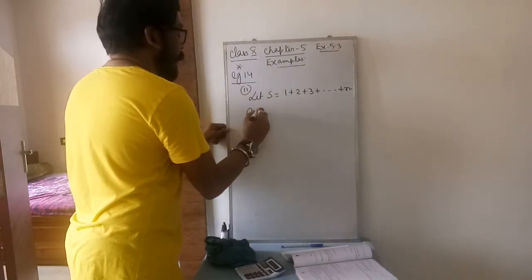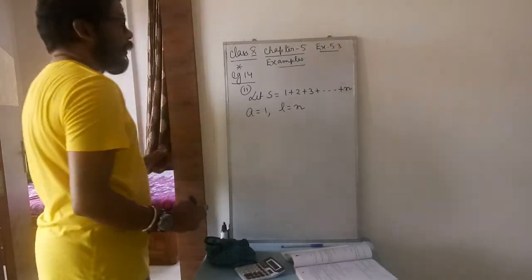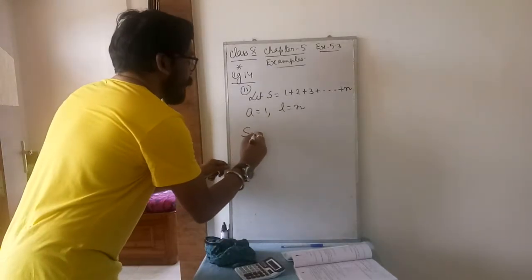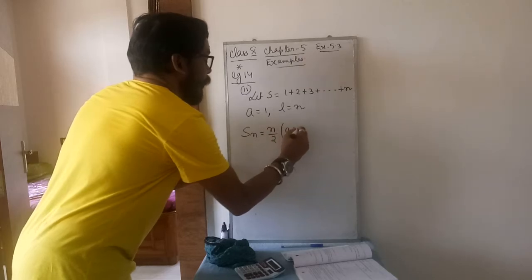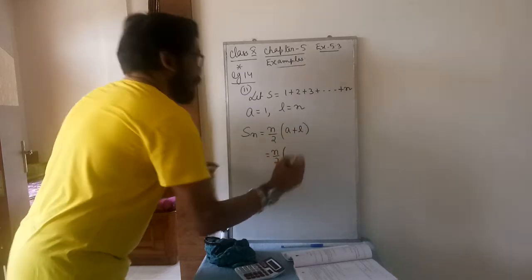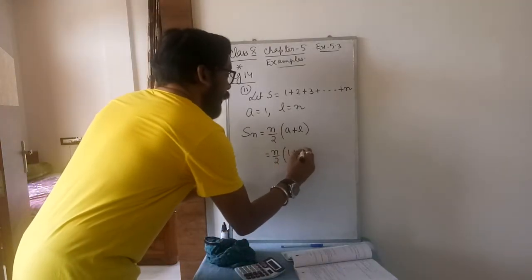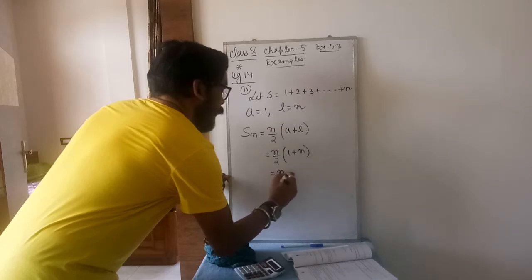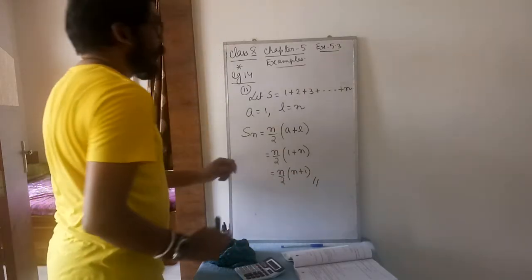So here your a is 1, l is n. So Sn equals n by 2 times (a plus l). Your n is n only because you are finding the sum of first n positive integers. Your a is 1 and l is n. You can write it this way: n by 2 times (n plus 1). This is the formula also.